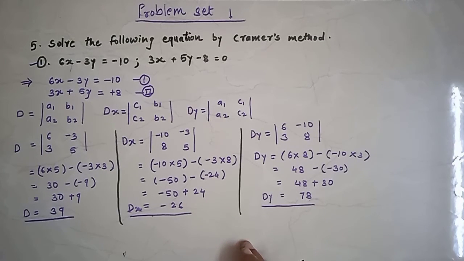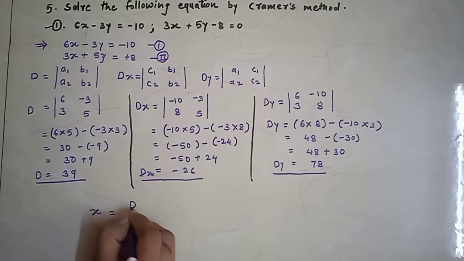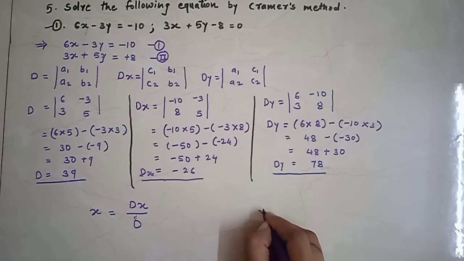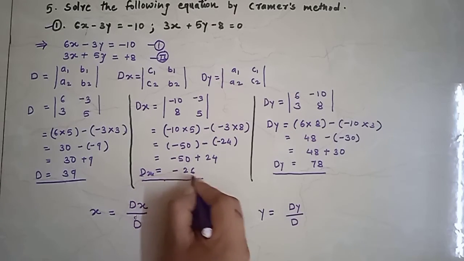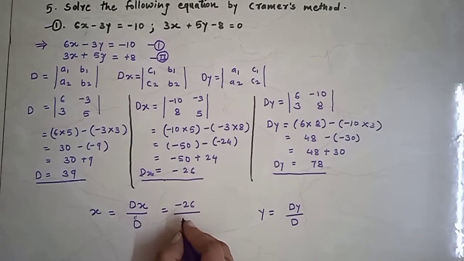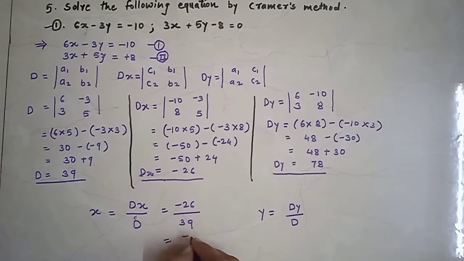So we get all the values D, Dx and Dy, so we can find x and y. The formula for x is Dx upon D and the formula for y is Dy upon D. So Dx is minus 26, minus 26 upon 39, and then we get the answer minus 2 upon 3. This is in fraction form.